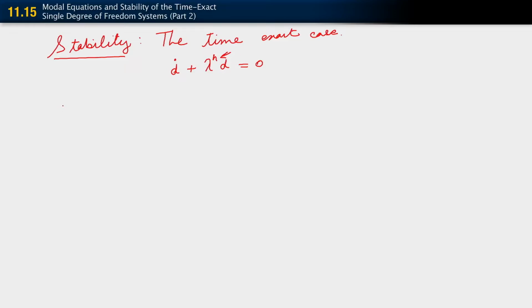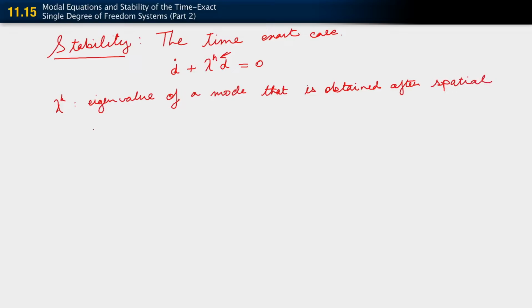Let me just state that here: lambda H is the eigenvalue of a mode, or corresponding to a mode, that is obtained after spatial discretization.